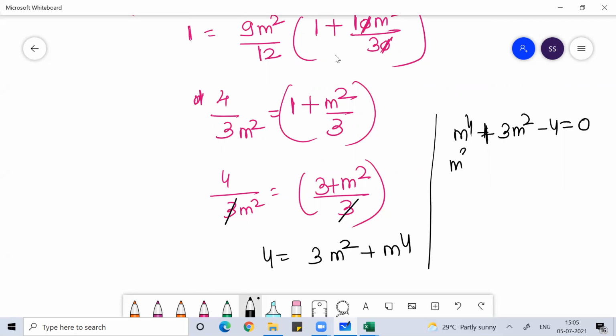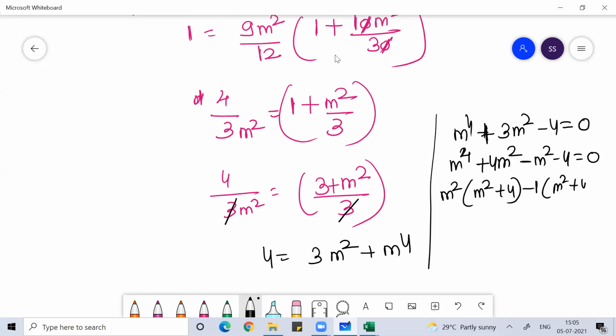So m to the power 4 plus 4m square minus m square minus 4 equals 0. Here I can take m square common: m square into (m square plus 4) minus 1 into (m square plus 4) equals 0. So (m square minus 1) into (m square plus 4) is equal to 0.